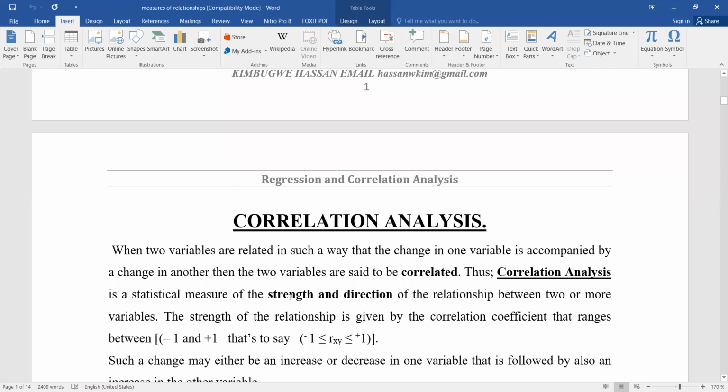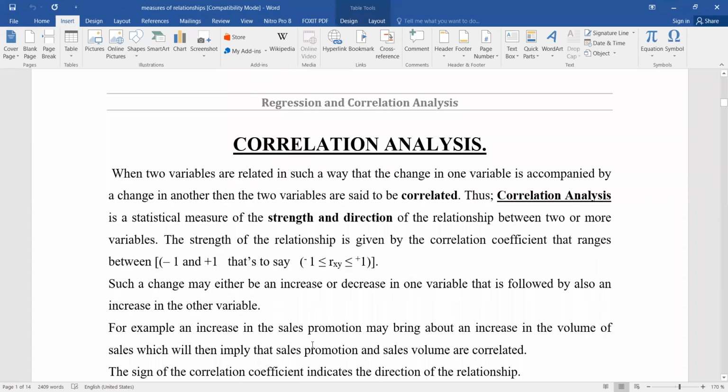Sometimes we're interested in finding out whether advertising increases sales, and this is done under what we call correlation and regression analysis. The strength of the relationship is given by the correlation coefficient that ranges between -1 and +1. Such a change may either be an increase or decrease in one variable that is followed by an increase in the other variable.